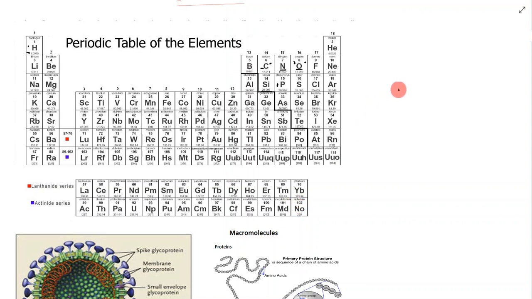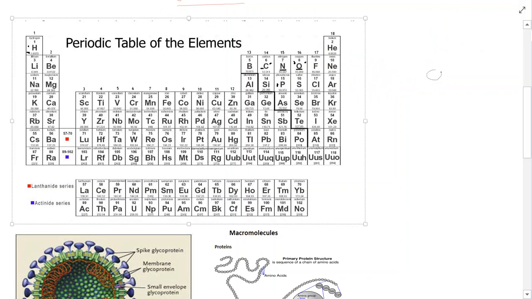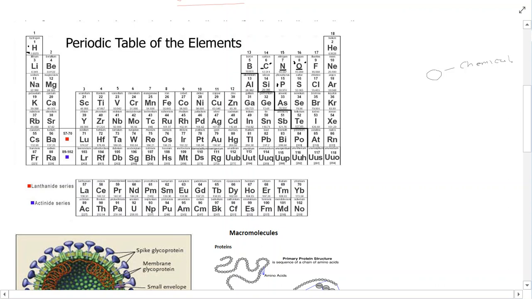Now what I want to think about is, what does that actually mean? What does the atomic number represent, and what does the mass number represent? So I'm going to draw out the oxygen one here. We have this O, which is called the chemical symbol.